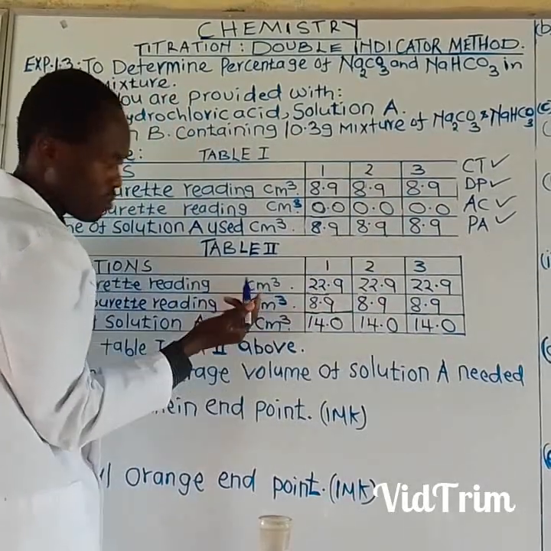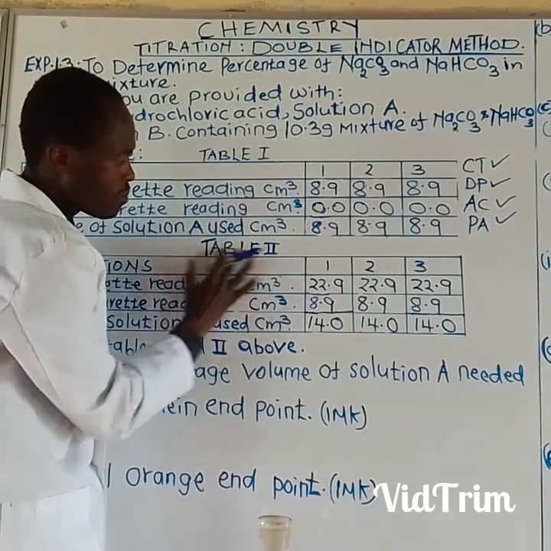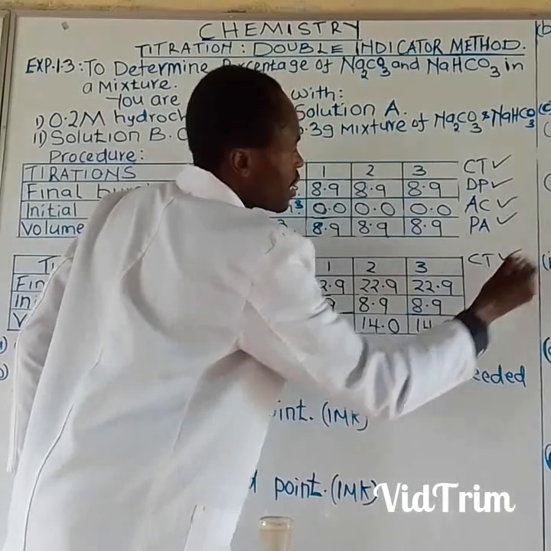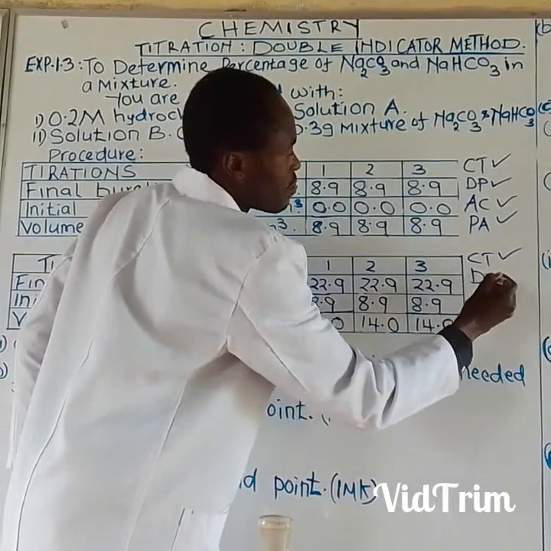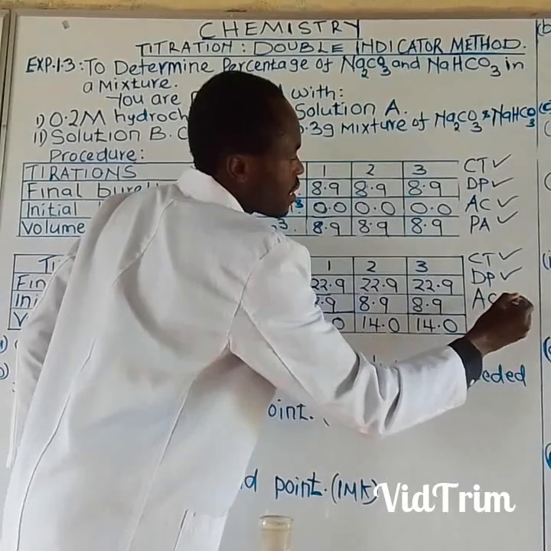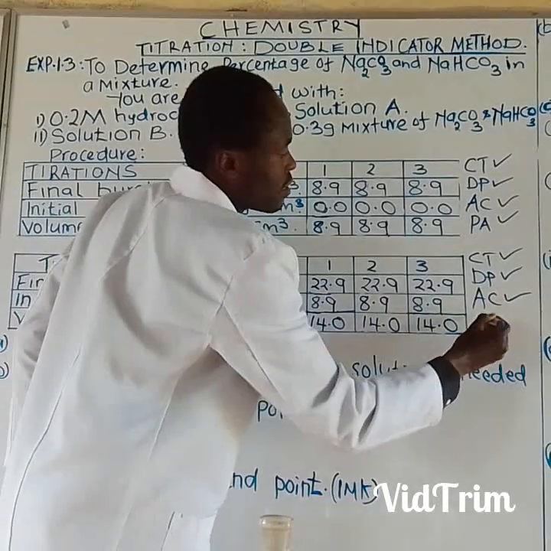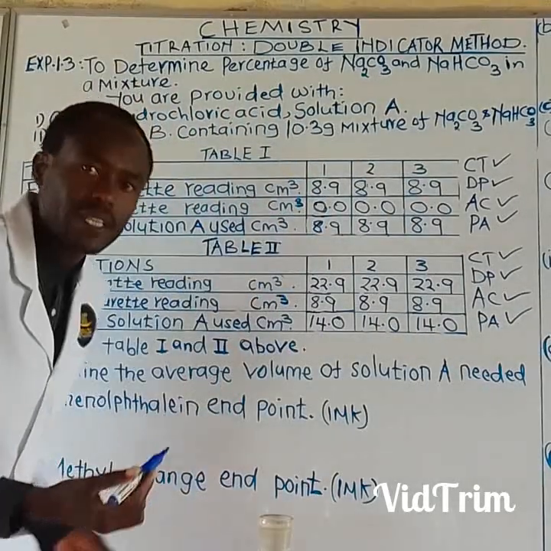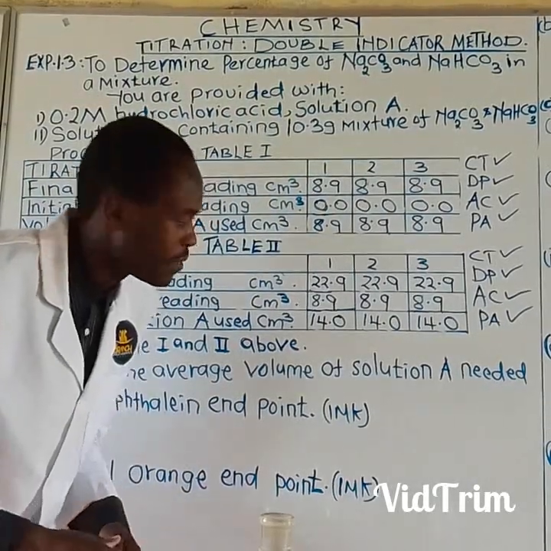Then for table 2, the same. Complete table will earn your mark. Decimal place will earn your mark. Accuracy will earn your mark. Principle of averaging will earn you another mark. Is it okay, my student?